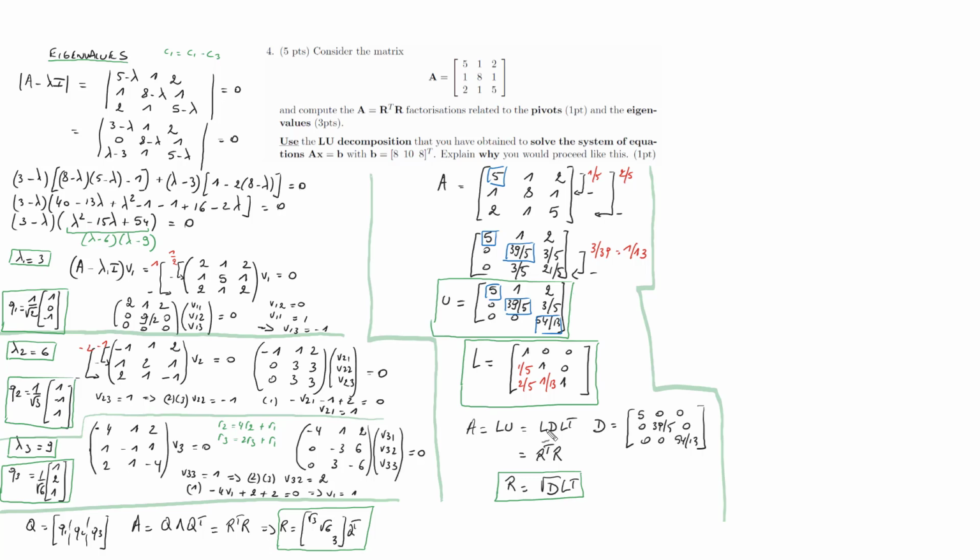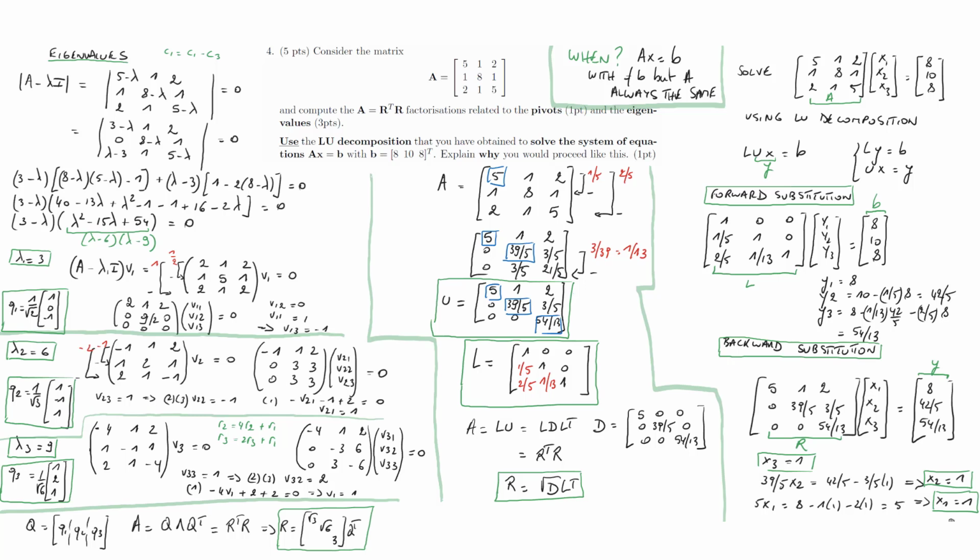Since the matrix is positive definite, you can write a factorization R transpose R. In this matrix the pivots are positive, so you can write R as square root of D, a diagonal matrix with the square roots of the pivots on the diagonal, times L transpose. And this is the second factorization of A, the one related to the pivots.